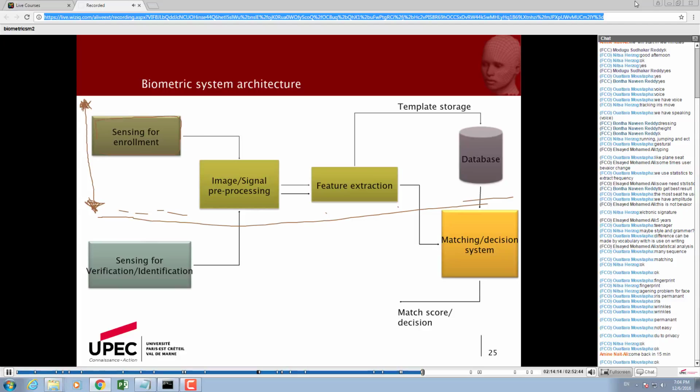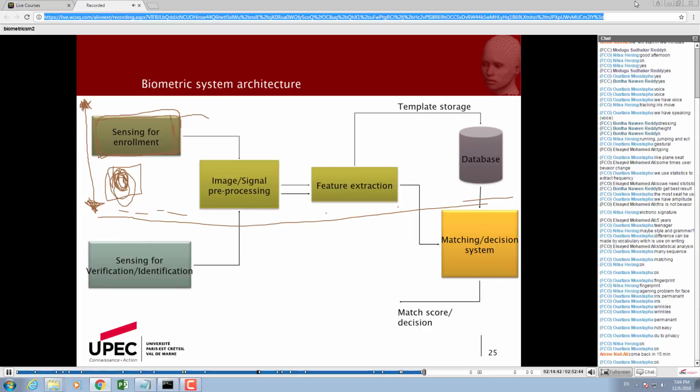This is the first time you want to use your biometric system, the verification system. You have to give your name, and maybe a password, or you can give your biometric data. Okay? So here we have to use a sensor for enrollment.